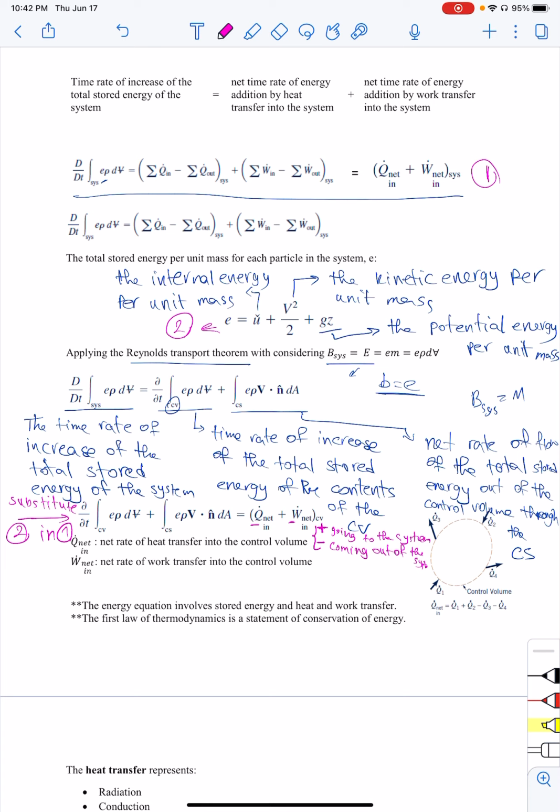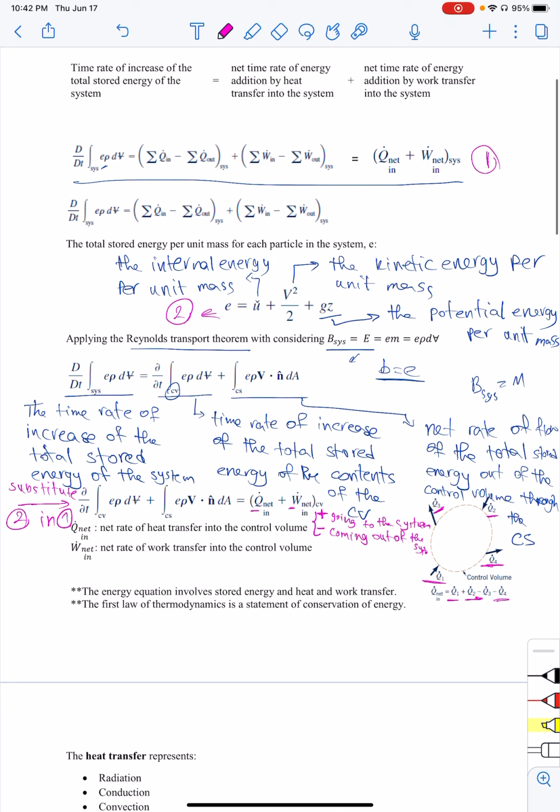We can also show it through the figures. As we can see, Q1 is going into the system, so it's positive. Q2 going into the system is positive. Q3 is coming out of the system, so it has a negative sign, as well as Q4, right?